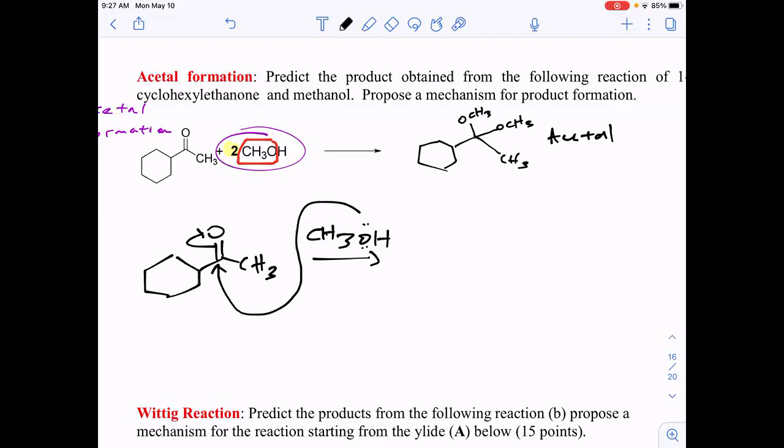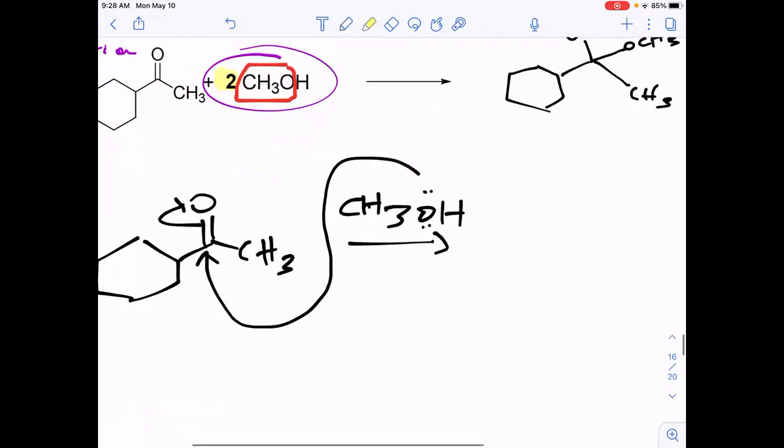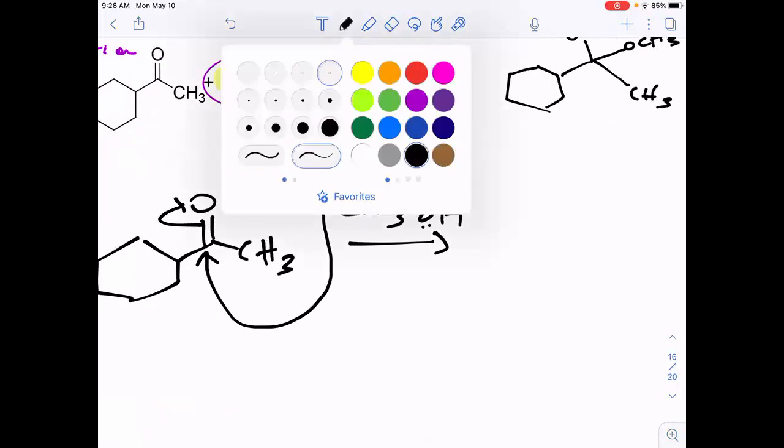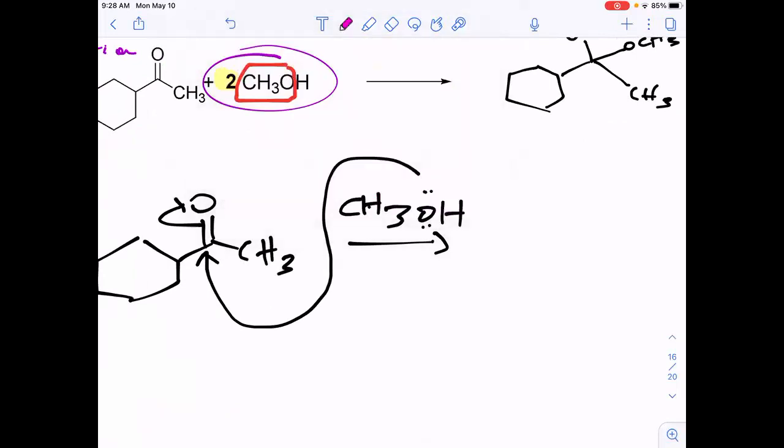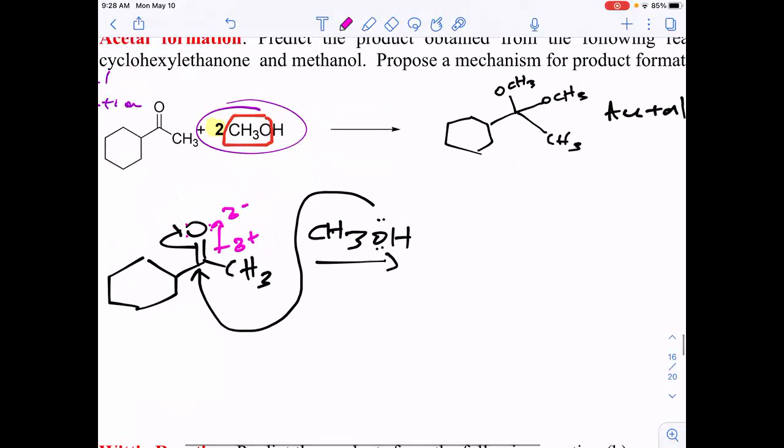Remember from part 1, when we first talked about polar covalent bonds, there's a giant dipole here, right? So that carbonyl carbon is partially positive. The oxygen is partially negative, and it has 2 lone pairs that I didn't write in. Carbonyls are great electrophiles, right?